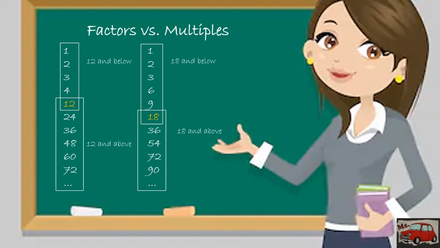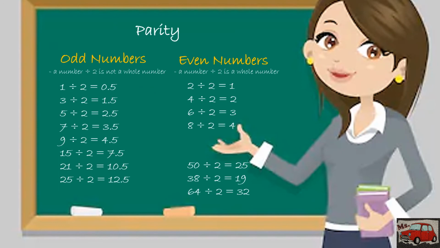Okay? Alright, so let's talk about parity. Ito lang yung tinatawag nating odd numbers tsaka even numbers. Pag sinabing odd numbers, ito yung mga number na kapag dinivide mo sa 2, hindi magiging whole number yung sagot. So, like yung 1, pag dinivide mo sa 2, ang sagot is 0.5.